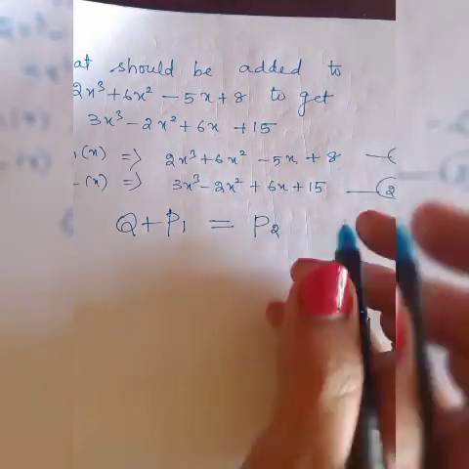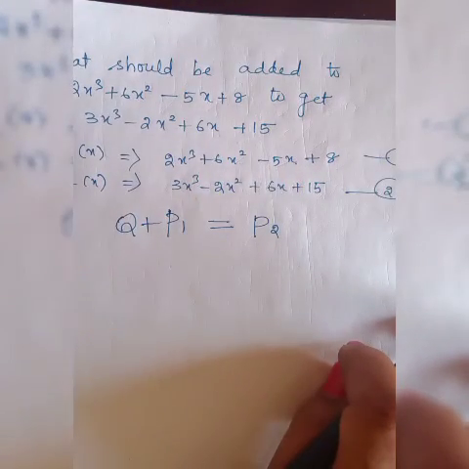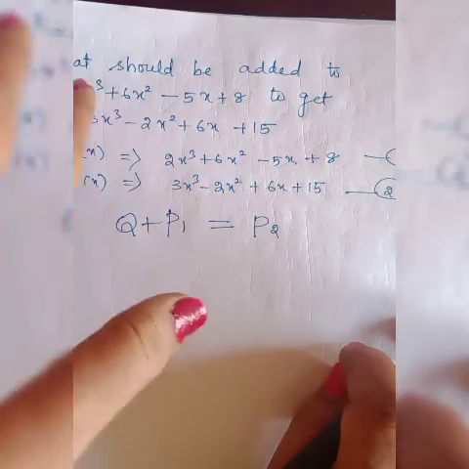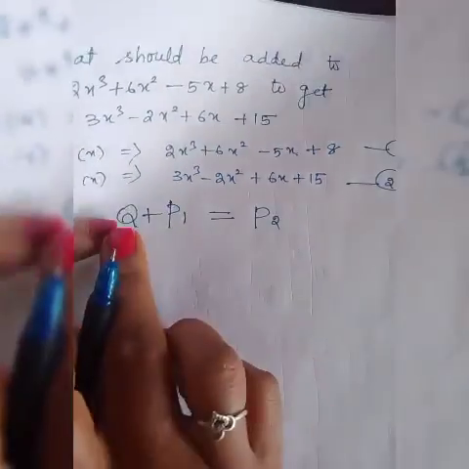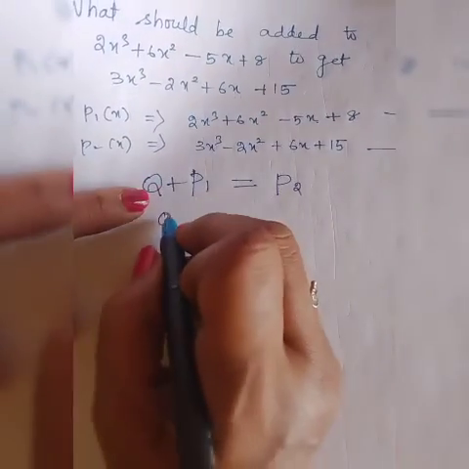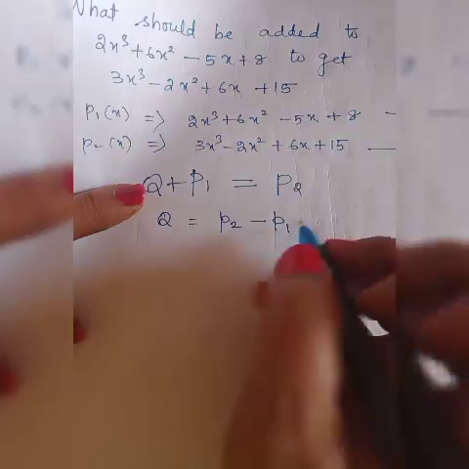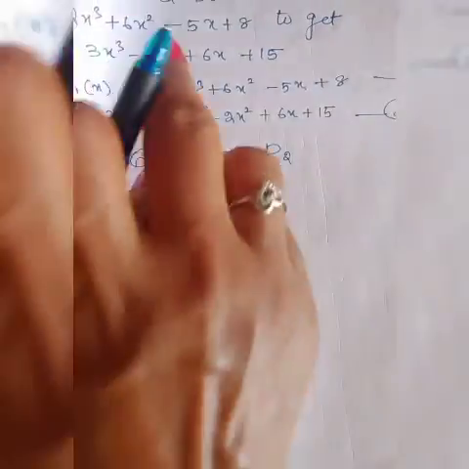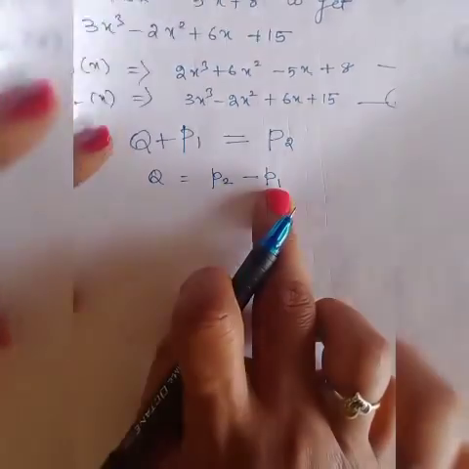That is, question mark plus polynomial 1 gives polynomial 2. So q is nothing but polynomial 2 minus polynomial 1. That is, we have to subtract p1 from p2, not p2 from p1. So from p2 we should subtract p1.